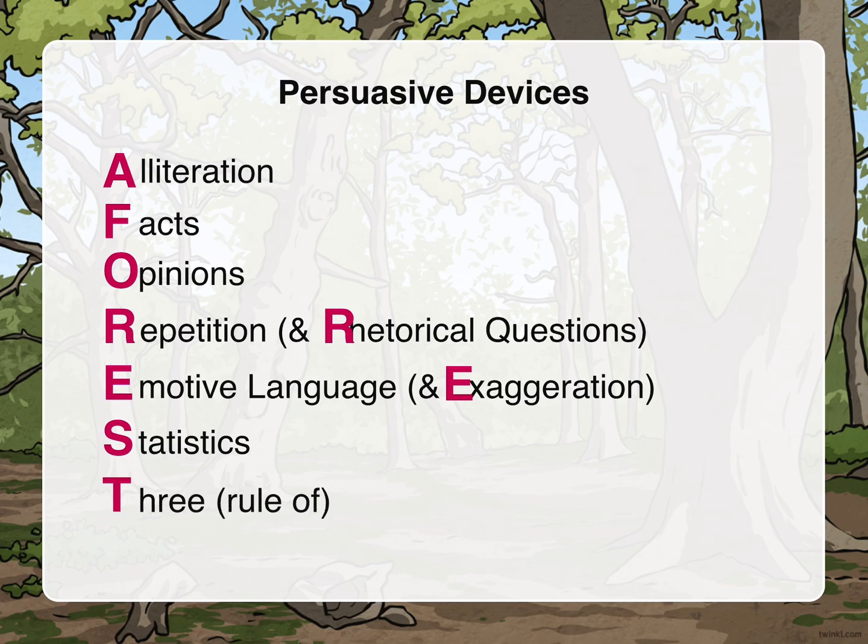Okay, now you'll probably have seen that there are some features within the persuasive devices that we have already covered in our previous writing lessons. For example, rhetorical questions. We touched upon this during our instructional writing, and emotive language and exaggeration is something that we touched upon in our imaginative writing.